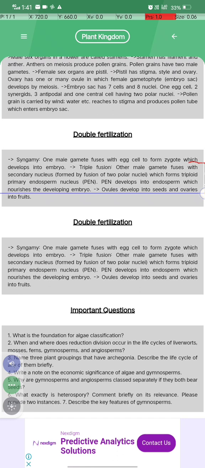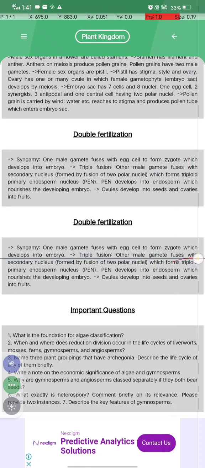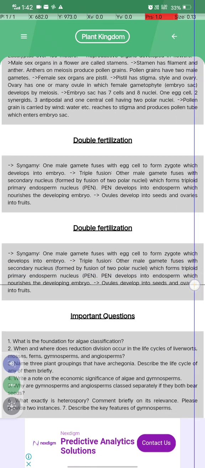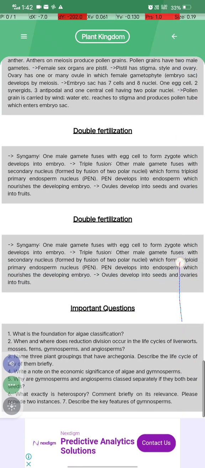The ovule develops into the seed and the ovary into fruit.